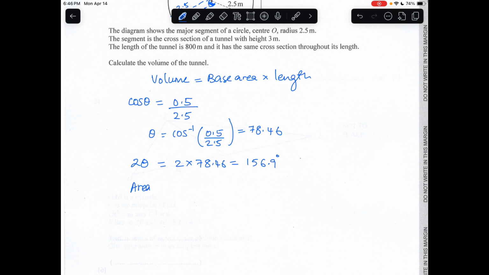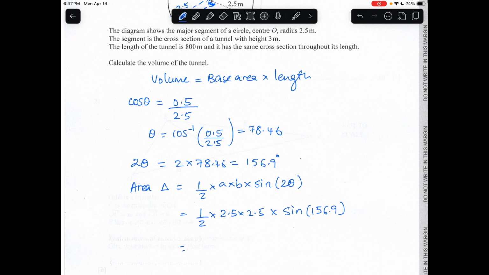So area of triangle is going to be half ab sine of the angle that you calculated. In my case, it's 2 theta. So half ab, which is 2.5 times 2.5 times sine of 156.9. So work this out. What does it give you?